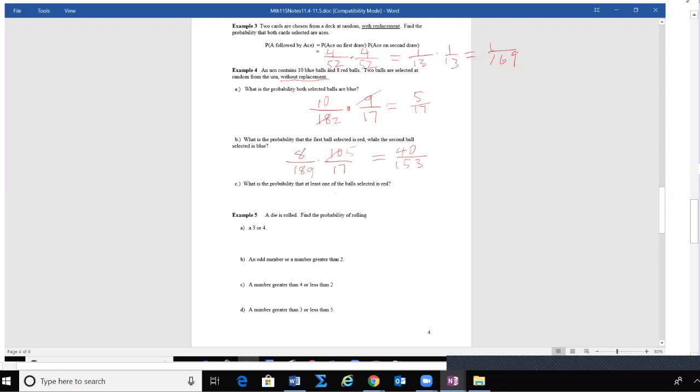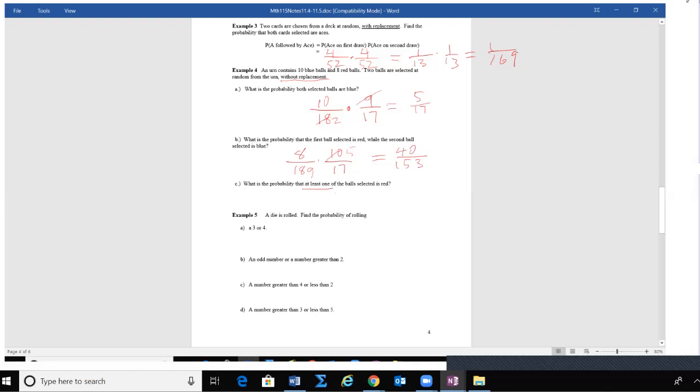What's the probability that at least one of the balls selected is red? So this one's a little tricky, but I want to show you a shortcut. At least one, whenever you see that phrase, at least one, then we're talking about complements here. We can use complements to help us.